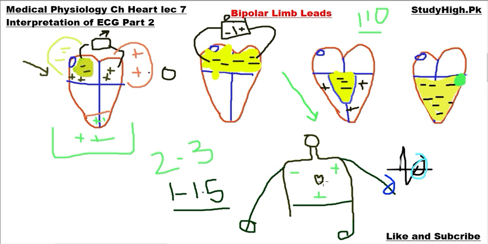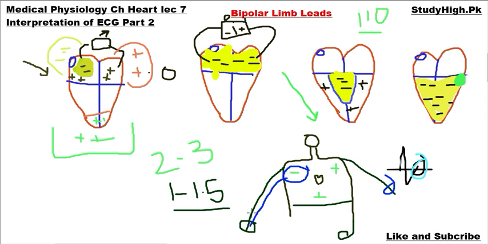And why? Because when this area of our heart is in negative charge, it causes the fluid surrounding the heart to be in negative potential. Our limbs that are connected with the fluids of this region will also carry negative potential.